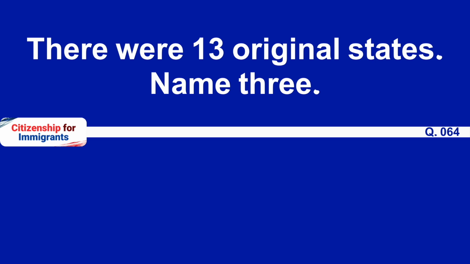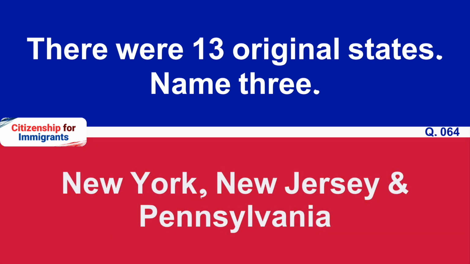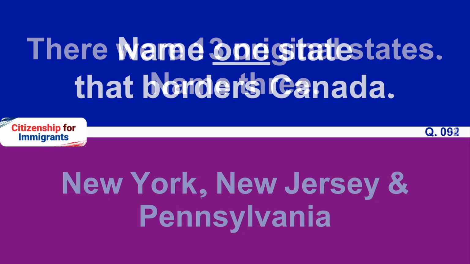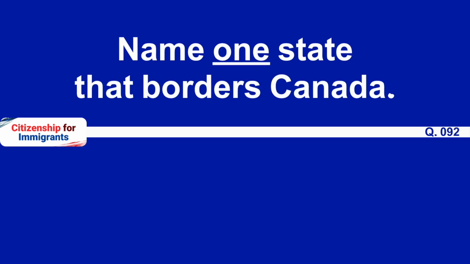There were 13 original states. Name 3. New York, New Jersey, and Pennsylvania. Name one state that borders Canada.